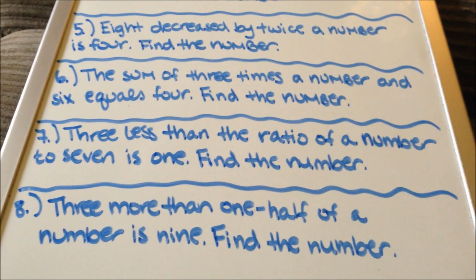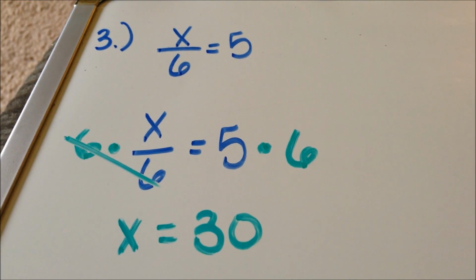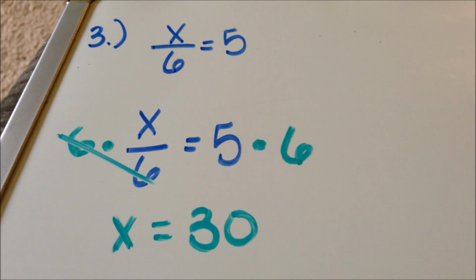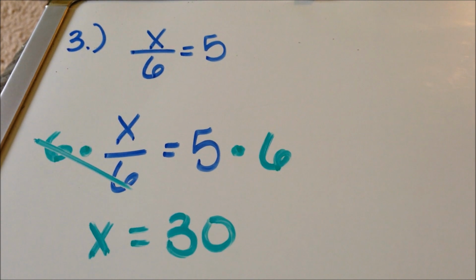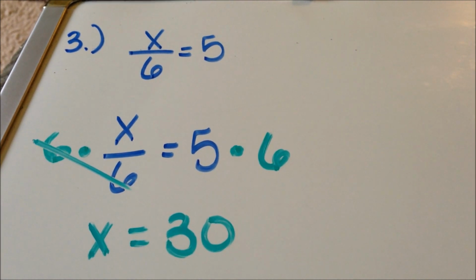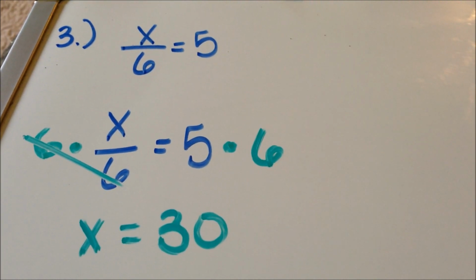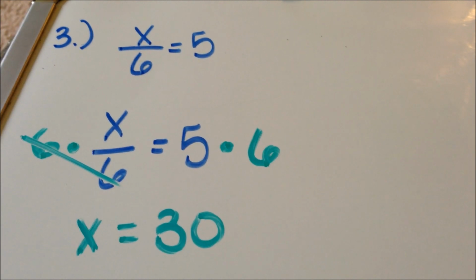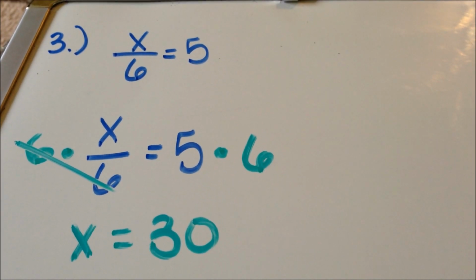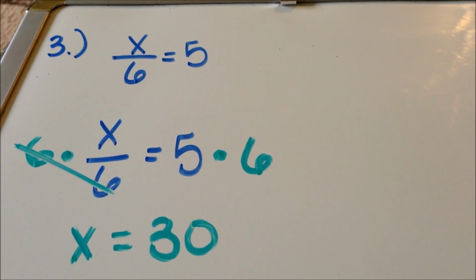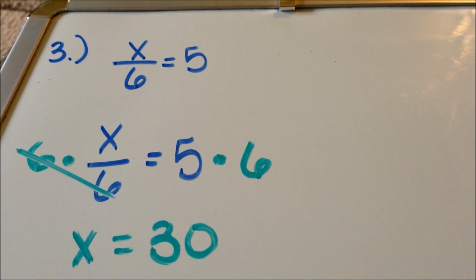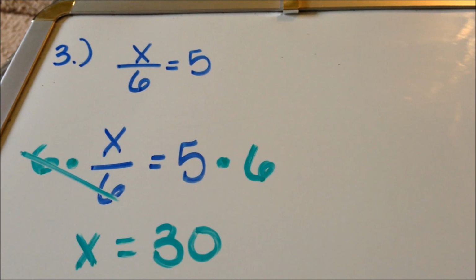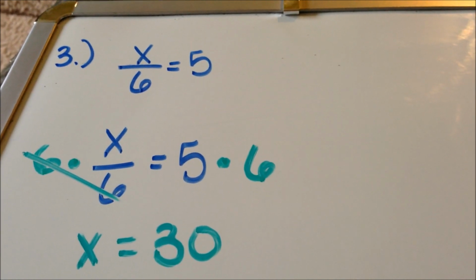Okay, number 3 said the quotient of a number and 6 is 5. Find the number. The quotient means division or a fraction, so x over 6 equals 5. Now, the x and the 6 are being divided. So to get the x by itself, we have to do the opposite operation.